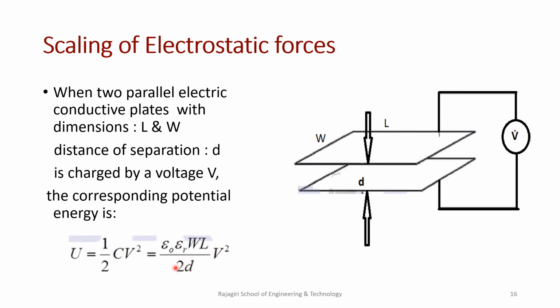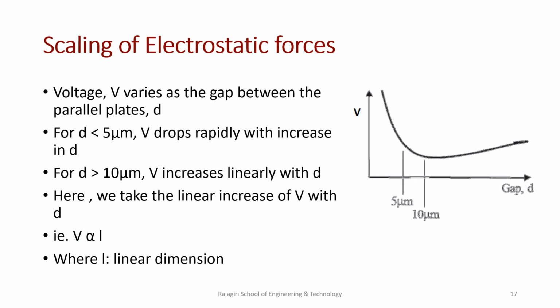Epsilon 0 and epsilon r are respectively the permittivity and the relative permittivity of the dielectric medium between the two electrodes, and V is the applied voltage. The voltage V in the expression for electric potential energy is also known as the electric breakdown voltage of a capacitor. This breakdown voltage varies along with the gap between the two parallel plates, that is D.